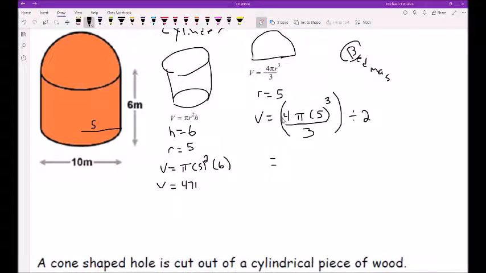So for this one, I go 4 times pi, so use the pi button, times, now it's 5 cubed. So 5 in this one has an x to the 3 button, so I can just press that. Then press equals to get the total top number. Then I'm going to divide by 3 to get this number here.